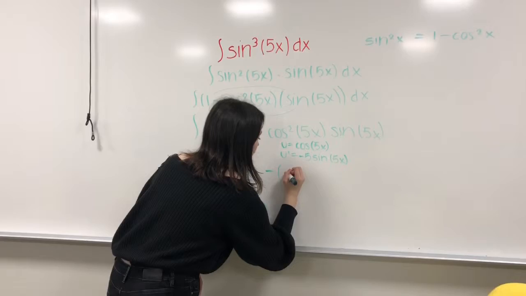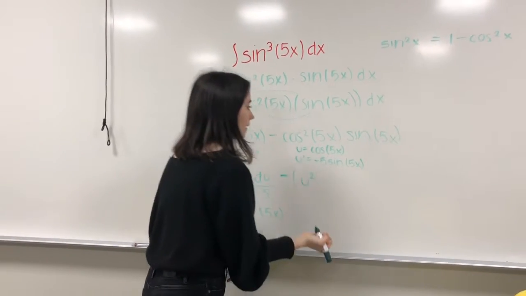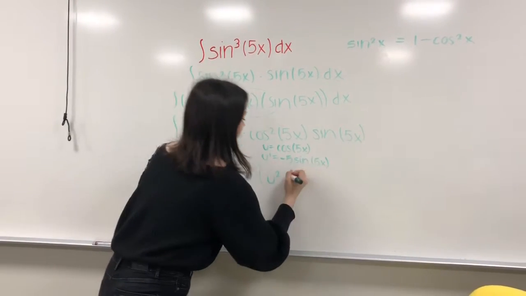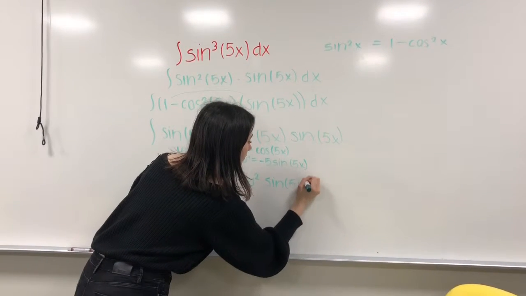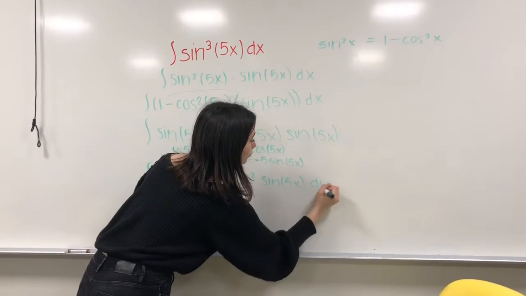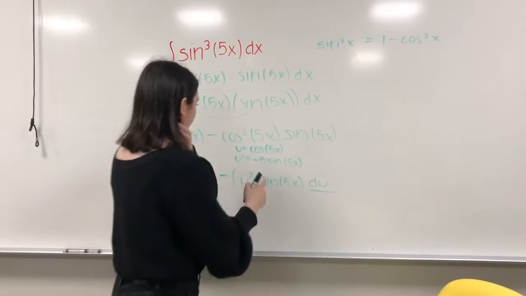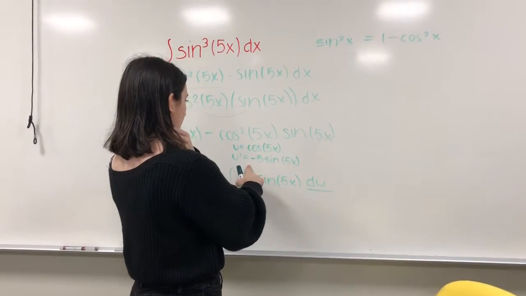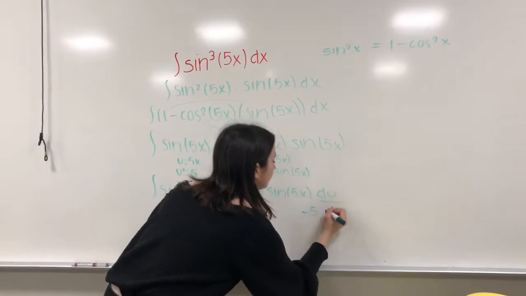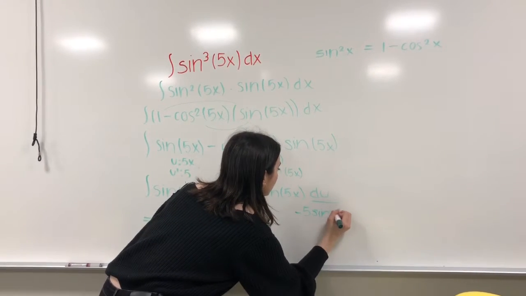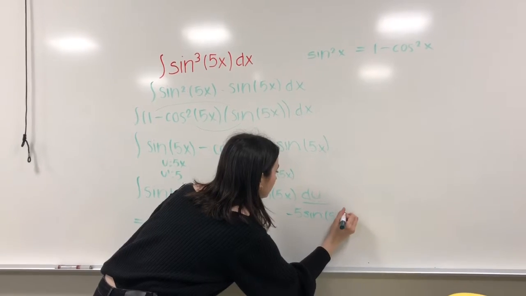Negative u to the second power sin 5x du over our u prime, which in this case is negative 5 sin 5x.